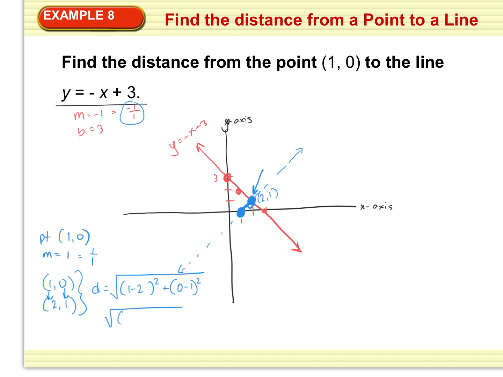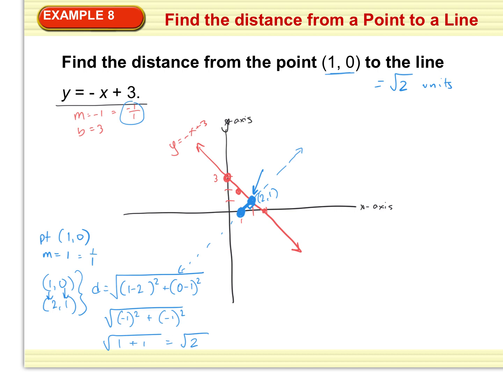So again, I'm going to get negative 1 squared plus negative 1 squared. That's going to be 1 plus 1, or the square root of 2. So I know the distance from (1, 0) to the line, this blue line here, is going to equal the square root of 2 units, whatever that might be.